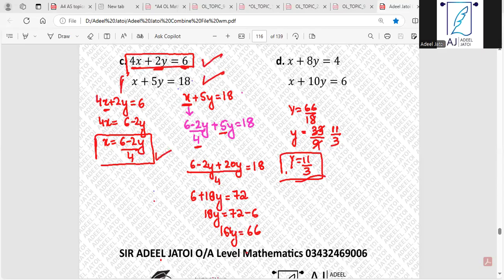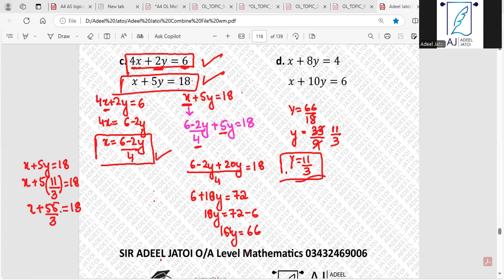Knowing that we already have a fraction, let's use x plus 5y equal to 18. So y is 11 upon 3. x plus 55 upon 3 equal to 18.